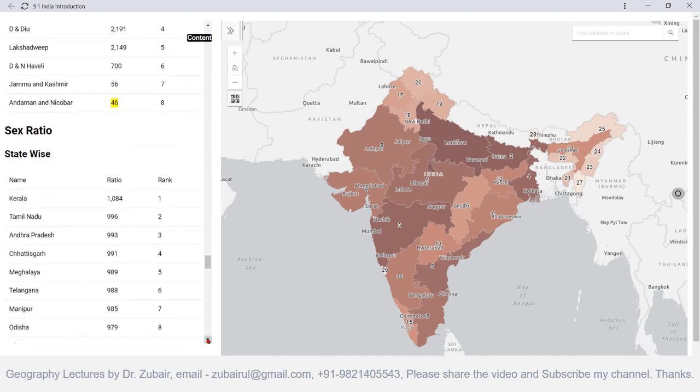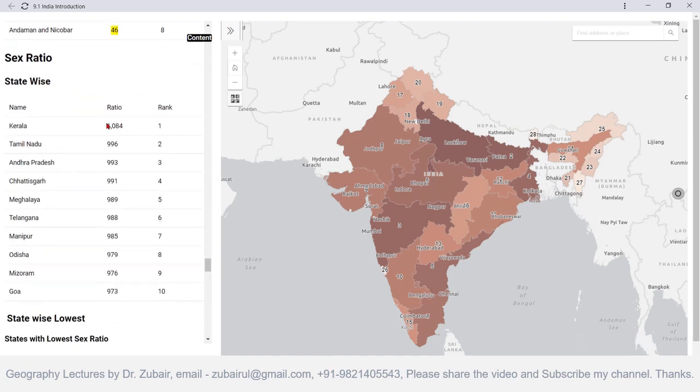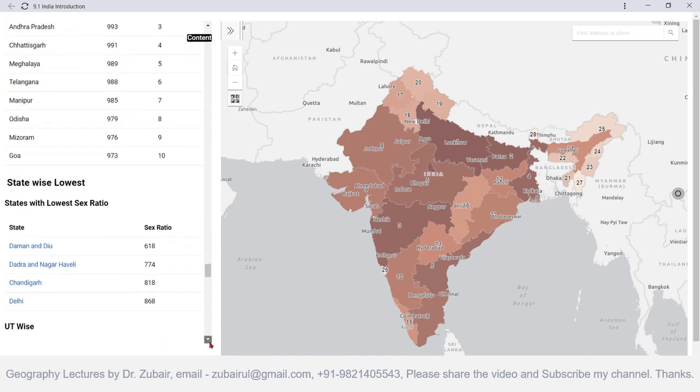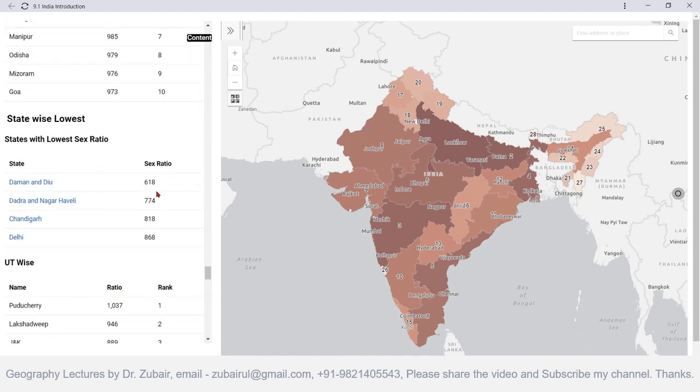In terms of sex ratio, Kerala is 1084, number one. Per thousand males, that many females. Per thousand males, 996 females in Tamil Nadu. The lowest sex ratio is also with some union territories. Daman and Diu is very low, that is 618 females only per thousand males.